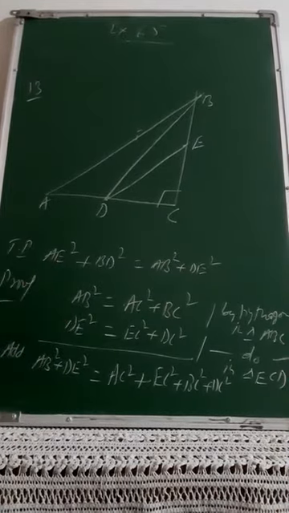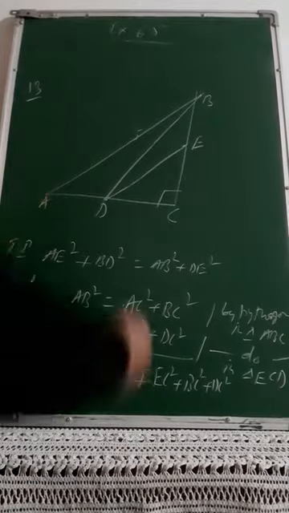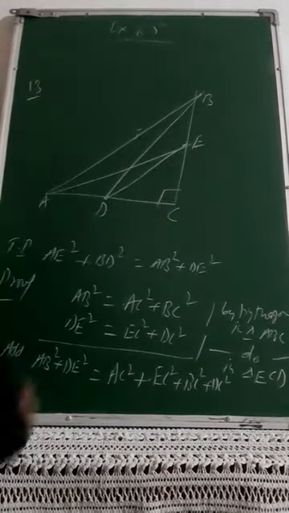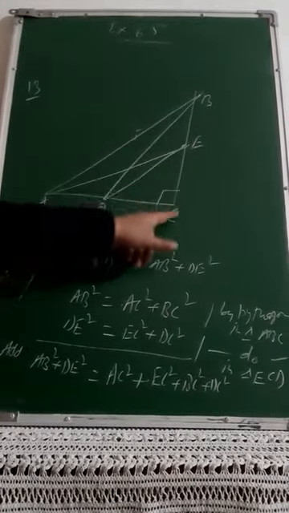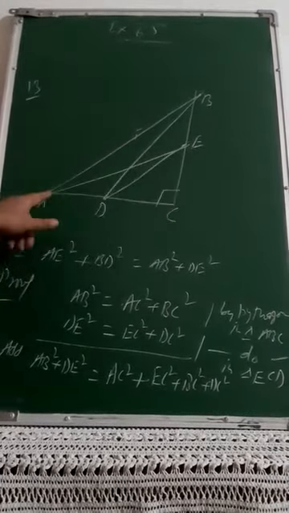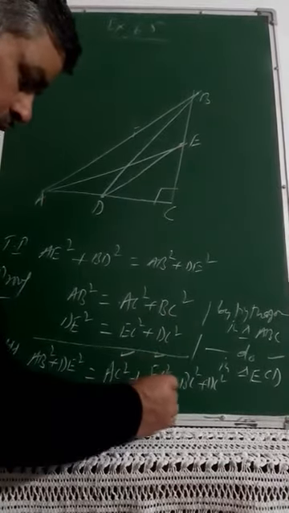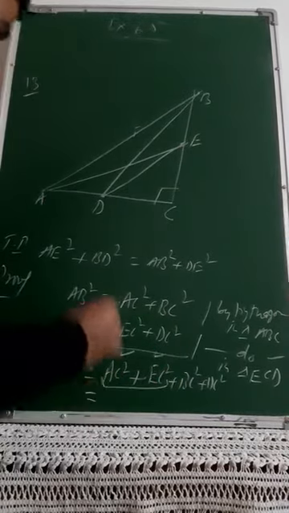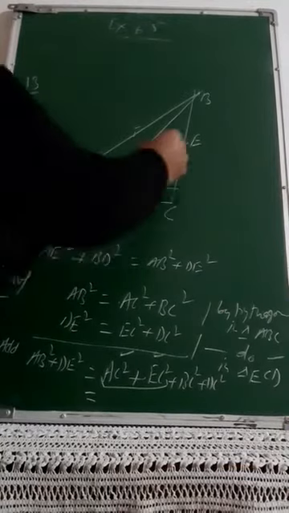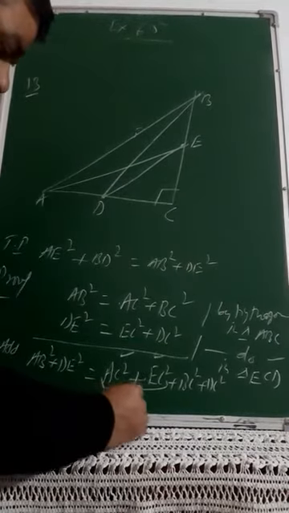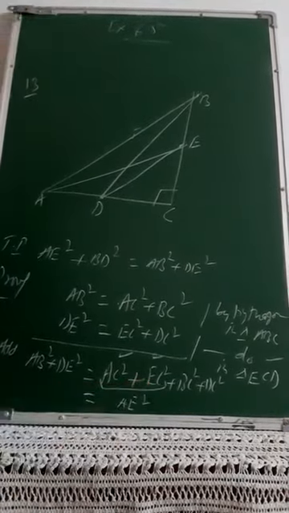I need AE square. Now you keep a check here. If I join this AE square, somewhere I am getting a right triangle here: AE square is equal to AC square plus EC square. So this is your AC square plus EC square. If you club this, AC square plus EC square will be equal to what? AE square, again by Pythagoras in triangle EAC.